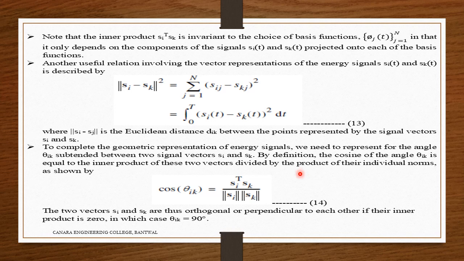On that basis we defined the conditions of how two signals represent each other, up to the end of this discussion, which was at equation 14. So these were all the criteria which we need to consider while doing the geometric representation.